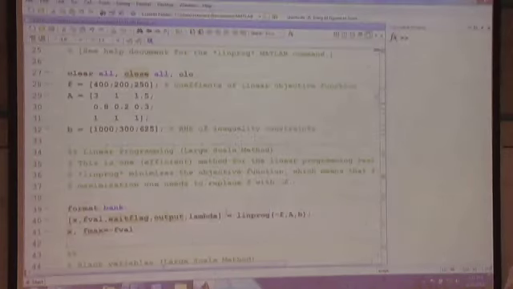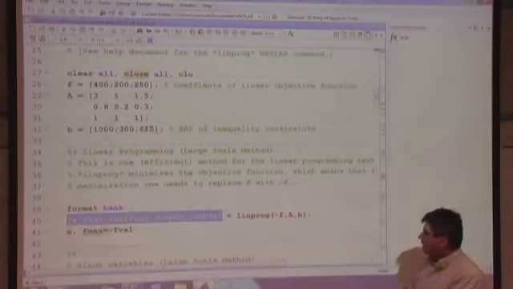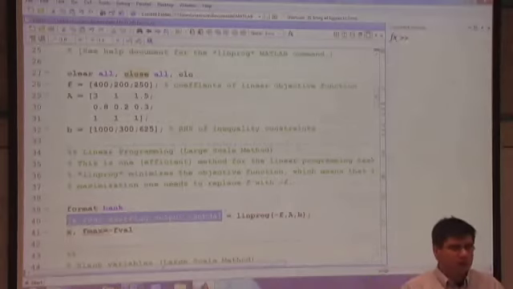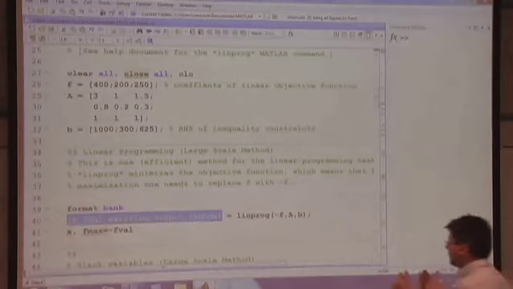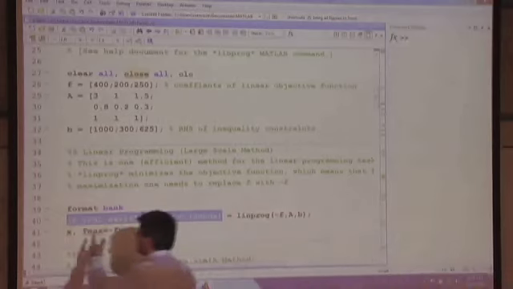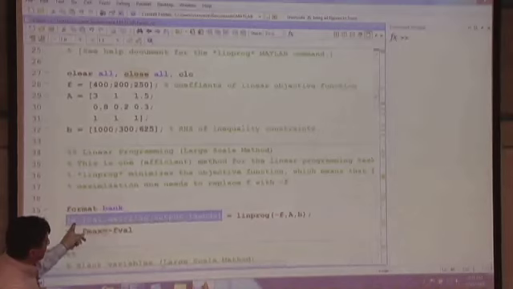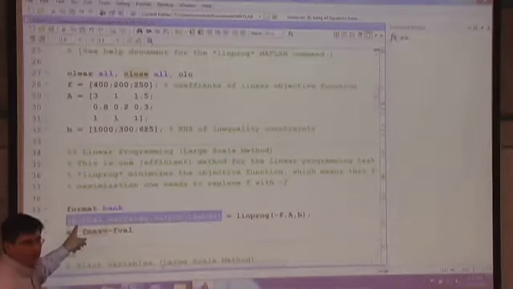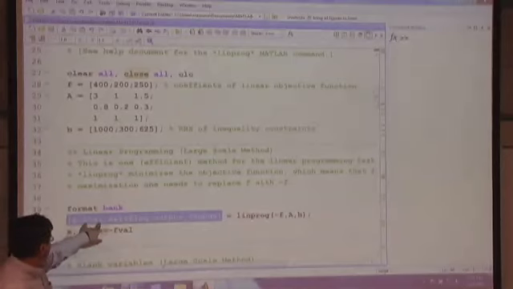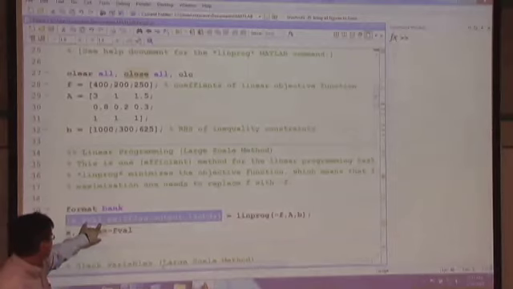Okay. Now, there's a bunch of output that the command gives you, and you have to know how to harvest this output. So we actually give the name x, and x will stand for the vertex where the optimal occurs. fval is going to be the value of the objective function at the optimal vertex.